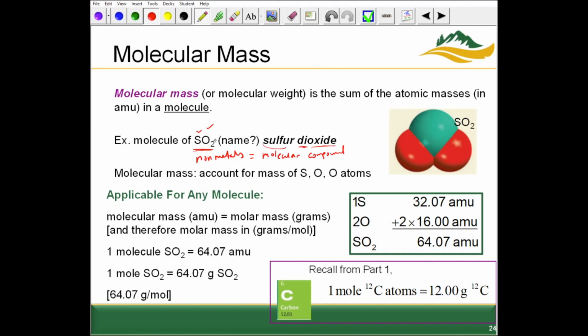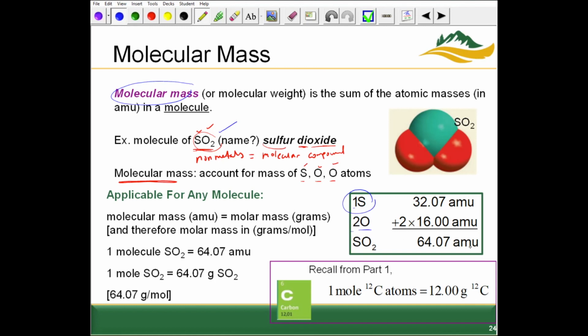If we're looking at sulfur dioxide and we want the molecular mass of sulfur dioxide, we need to look at the atoms that make up sulfur dioxide. That's 1 sulfur atom and 2 oxygen atoms. So to find the molecular mass of sulfur dioxide, or SO2, we need to go to the periodic table and find the atomic mass unit for sulfur and for oxygen.